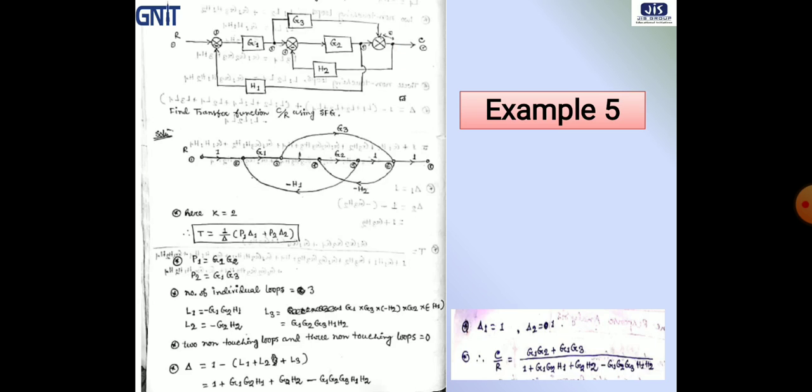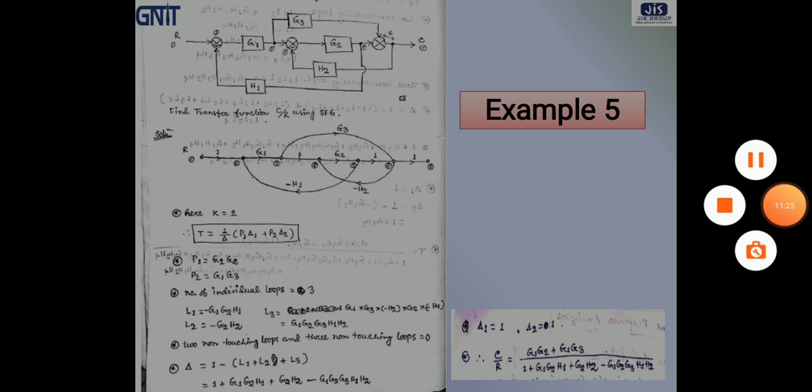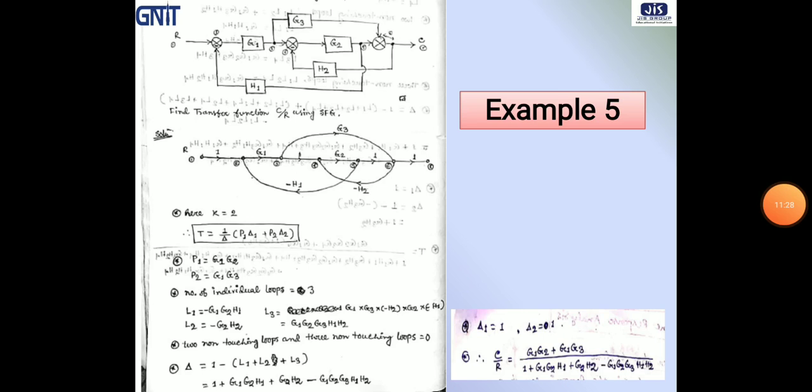Now in our rule, if there is a summing point before a takeoff point, then these two are considered as one node. And if a takeoff point is there before a summing point, then it will be considered as a different node. So in this way we draw the signal flow graph.